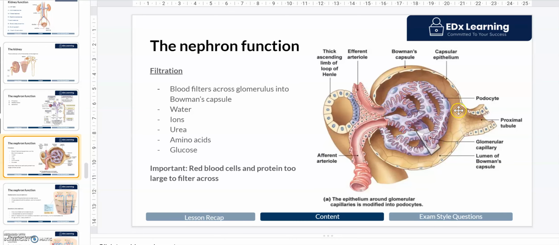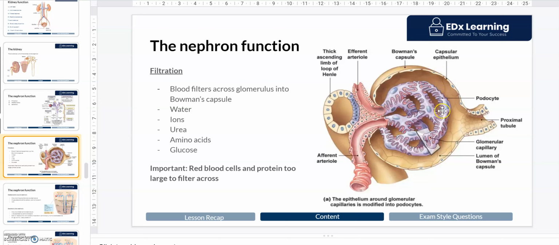So here we can say filtration occurs. And the entire filtrate, which is the end composition of all the substances that moves out, empties into this capsule-like structure known as the Bowman's capsule.